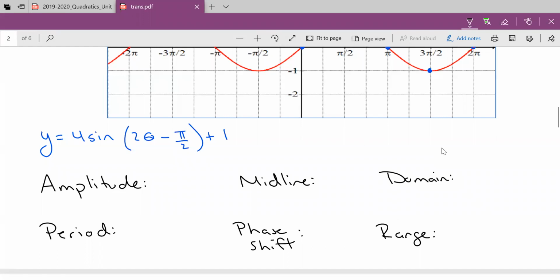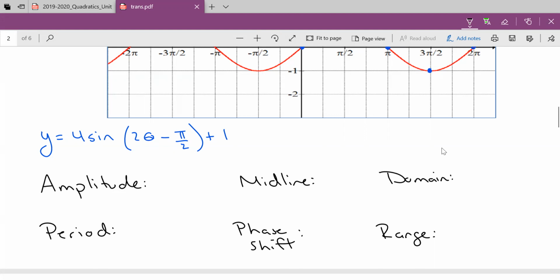Let's consider this function. Y is equal to 4 sine 2 theta minus pi half plus 1. What we're going to do here is graph this thing on the grid above. And while we're doing it, we're going to answer all the questions below in black before we graph it.